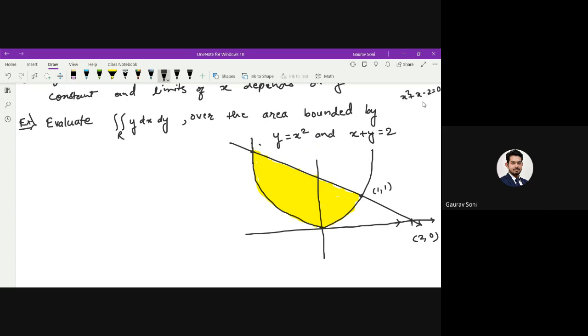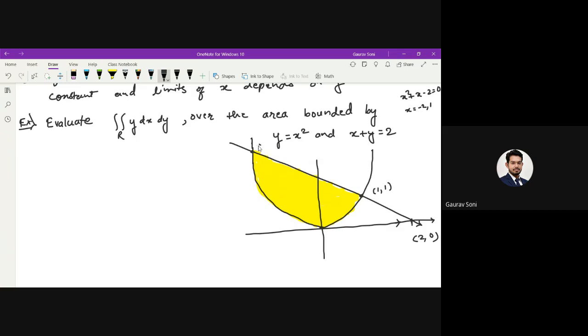If we solve this equation, we get x equal to minus 2 or 1, right?